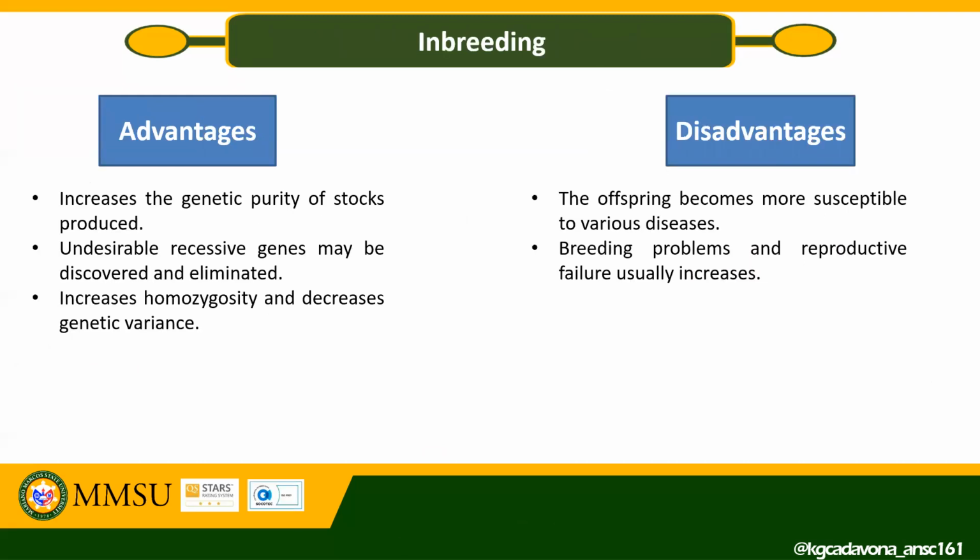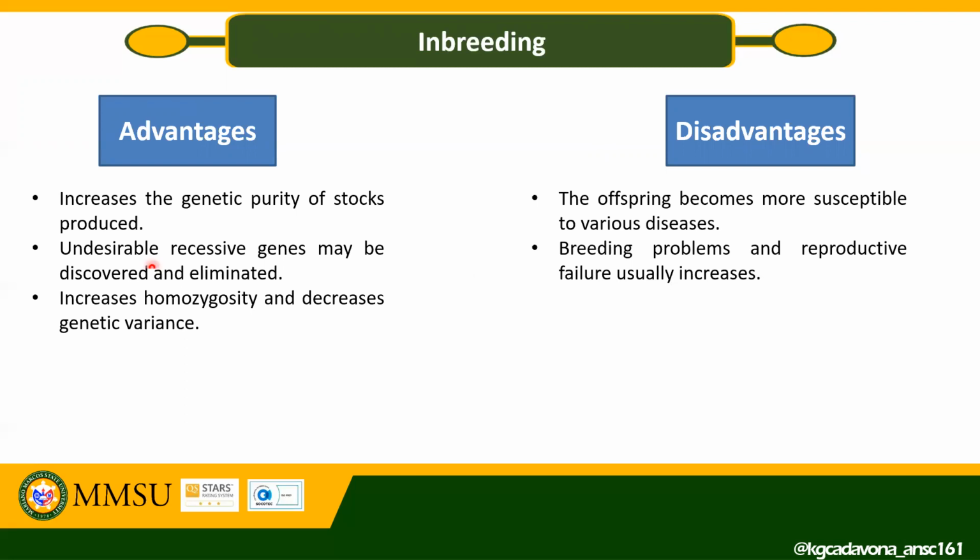Now, let's try to extract the advantages and disadvantages of inbreeding. First, through the process of inbreeding, it increases the genetic purity of the stocks produced. The pairing of the same genes is increased and the offspring from the mating become more genetically homozygous.